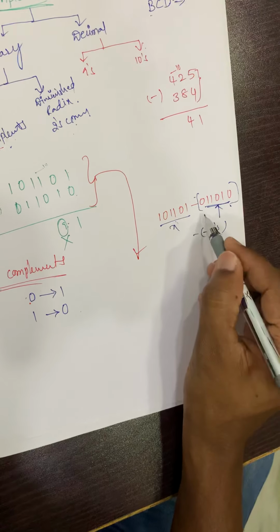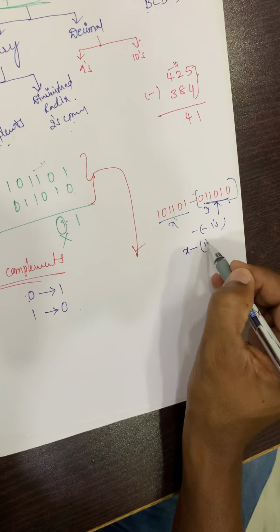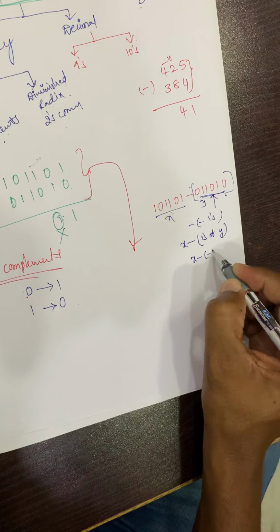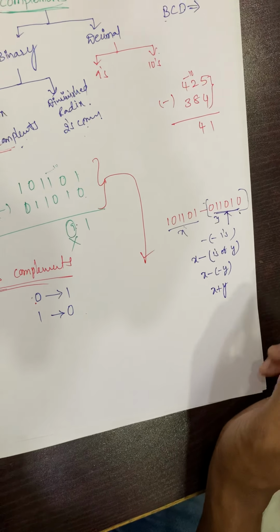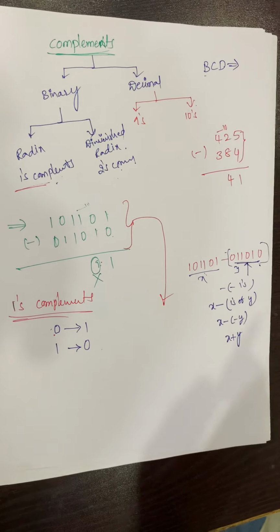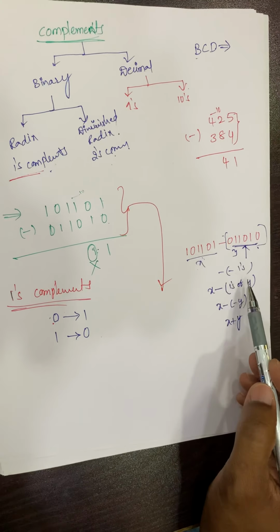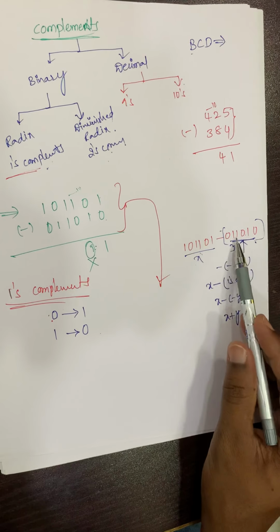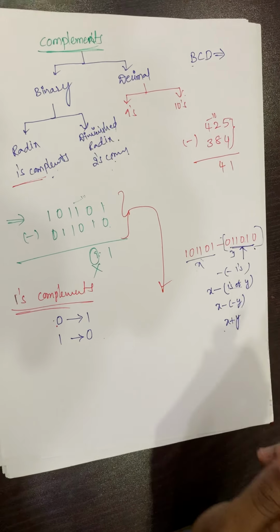Suppose this is x and this is y: x minus the one's complement of y gives x minus of minus y, so finally x plus y. We know binary addition, but we don't know binary subtraction. By using the complements, we can subtract the binary numbers. By applying the complement to this number we get the negative number, then add it, and we get the subtraction.